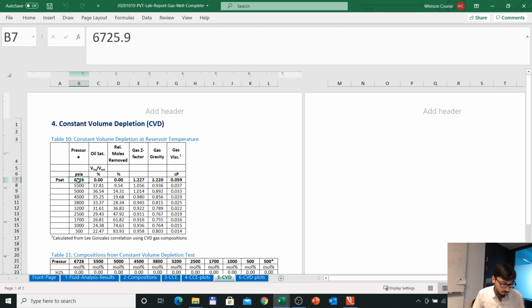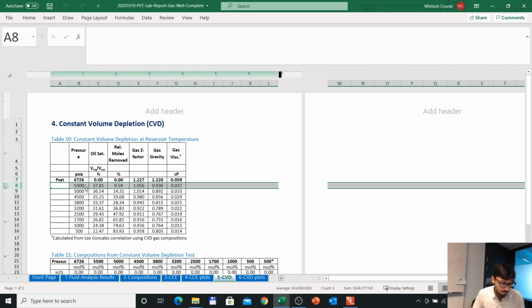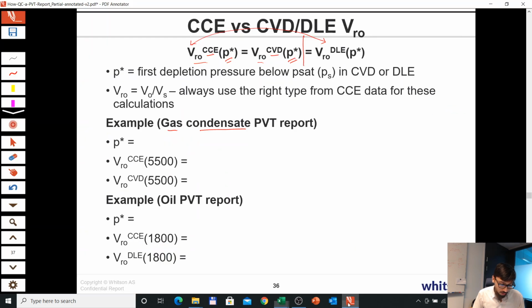We can see here that the saturation pressure is 6726, and the first depletion pressure below the saturation pressure is 5500 psi in CVD. So we note down 5500 psia. Now we go to the CCE experiment and see what the VRO is.